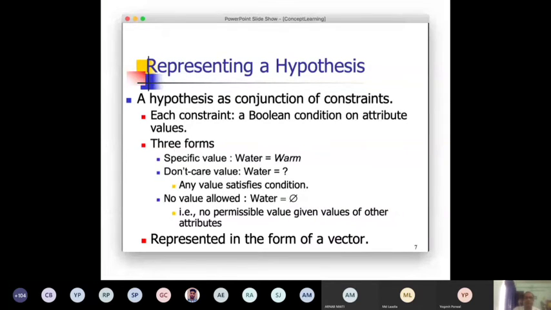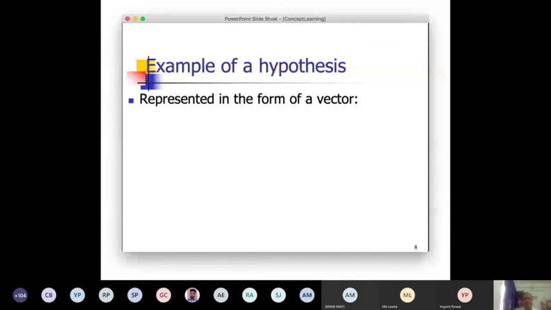Right. So we can represent this particular Boolean expression, or conjunction of constraints, in the form of a vector. Instead of writing "and" in between, we will write only the literal values or the options for which this is true.